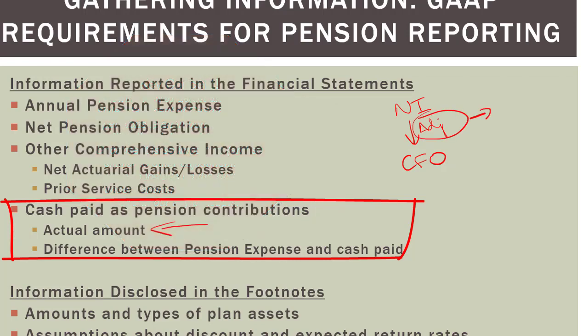What's the difference between the pension expense and the cash paid for pensions? And the easiest way to think about this is to simply write down the expense versus the cash. So let's use a simple example. Let's say that I had pension expense of $16,000 and I contributed, let's say $20,000 over the course of the year.